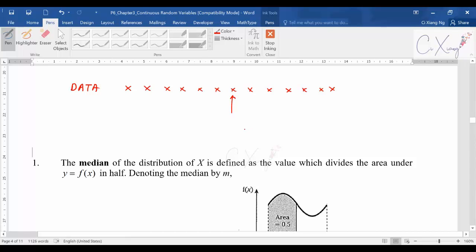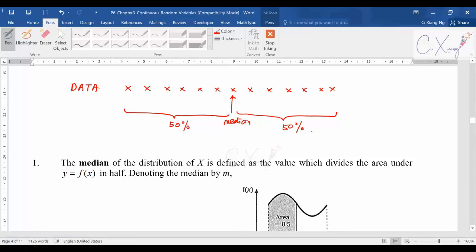The location of the middle, that particular value, we call the median. From the smallest value to the median, it covers 50%, and after the median you have another 50%. So the median separates the data into two parts: the first 50% and the second 50%.